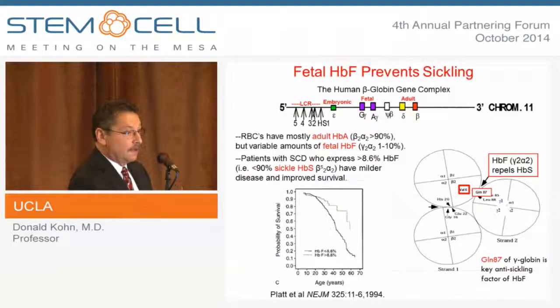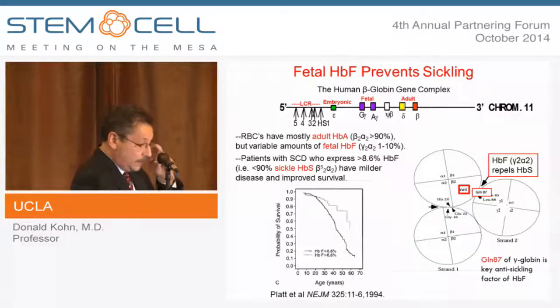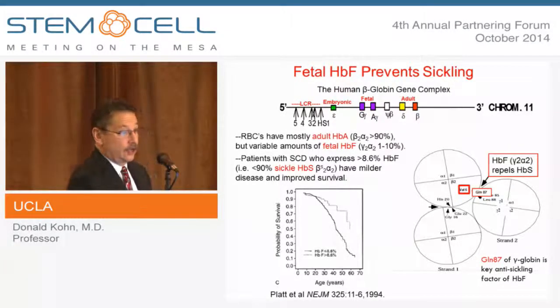But in fact, we all express a little bit of fetal globin, so that most of our hemoglobin is A, or beta-2 alpha-2, but we all have a variable amount of hemoglobin F, which is epigenetically determined. And in fact, an observation goes back 20 years that patients who express more fetal hemoglobin, in this study they used a cutoff of 8.6%, actually lived a decade longer.